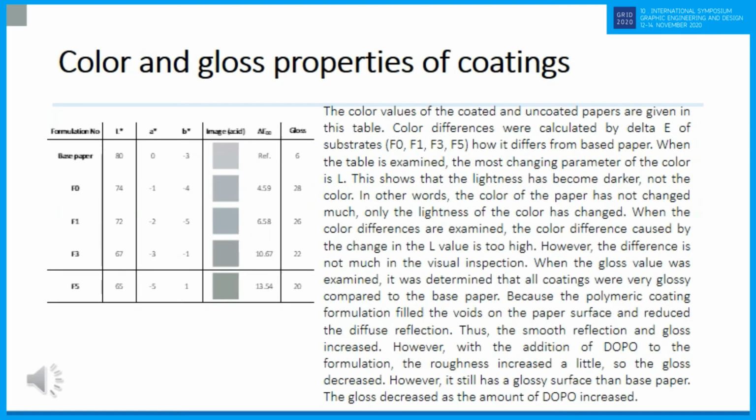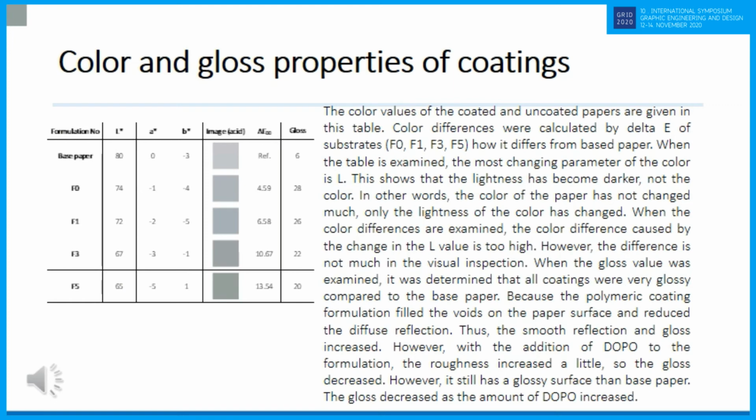Color and gloss properties of coatings. The color values of the coated and uncoated papers are given in this table. Color differences were calculated by delta E of substrates F0, F1, F3 and F5, and how it differs from base paper.